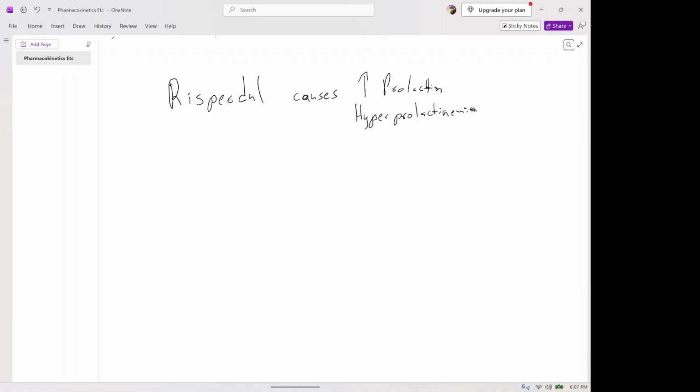How does it do that? Well, it does that in the tuberoinfundibular pathway. So if we call this the pituitary, and sorry, it's such a gross-looking picture, but if that's the pituitary and that's the hypothalamus, one of the dopaminergic pathways is right here, the tuberoinfundibular pathway.